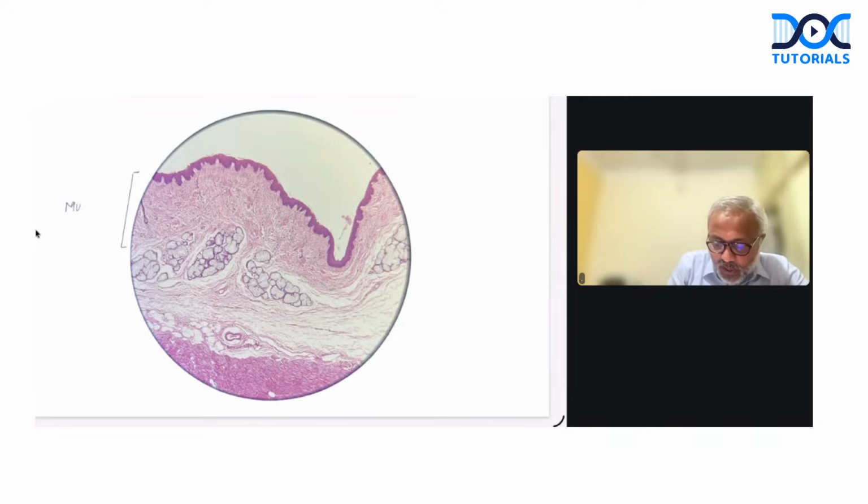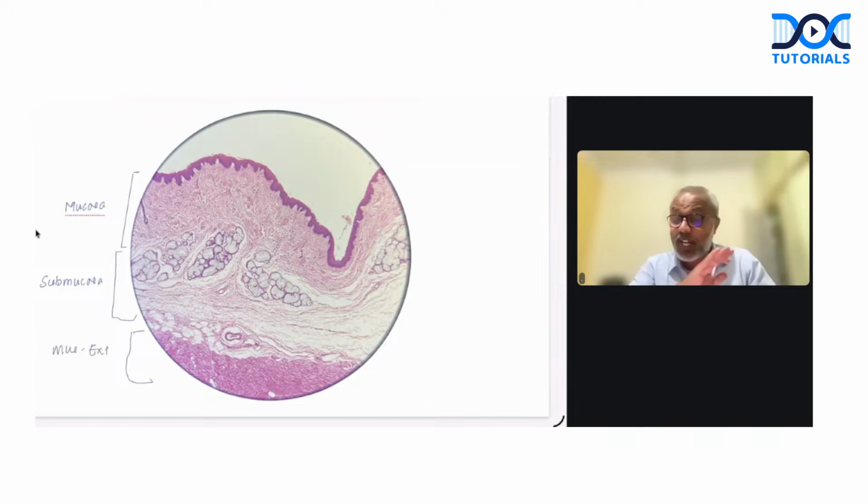This is the layer of mucosa. And what about this layer? This is the layer of the submucosa. And what we have here is muscularis externa. Of course, adventitia, as I said, is not seen here. Later, we will discuss the difference between adventitia and serosa.